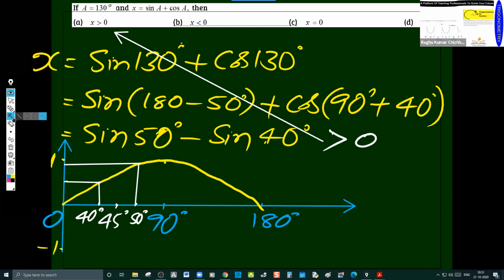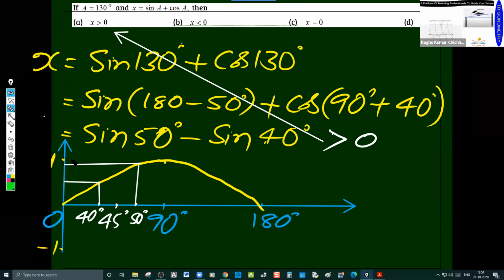Cos is decreasing between 0 and 90. Remember this. These are the points to be observed for the objective purposes, and particularly in the objective examinations, they will concentrate more on this type of concepts.